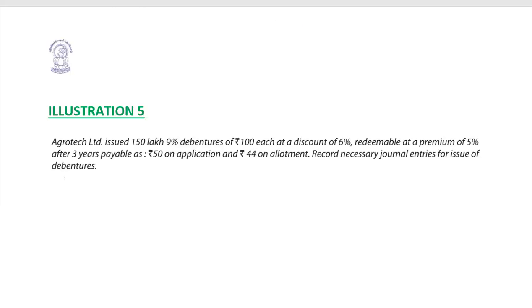Illustration 5. Agrotech Limited issued 150 lakh 9% debentures of 100 each at a discount of 6%. That means they issued at 94, redeemable at a premium of 5%, redeemed at 105.